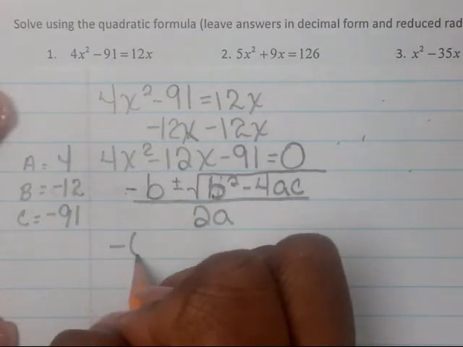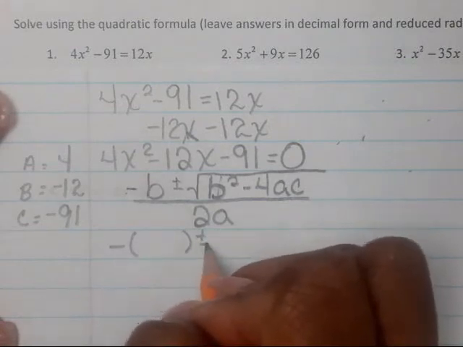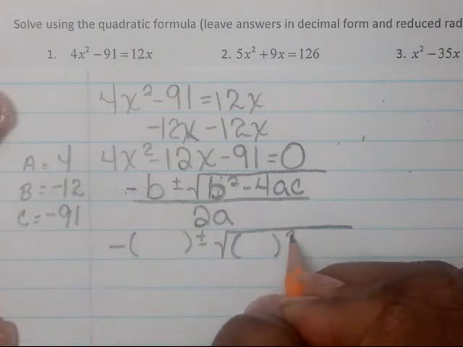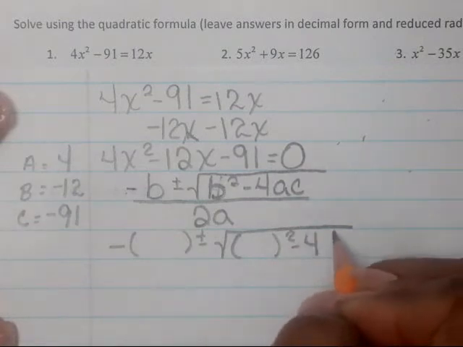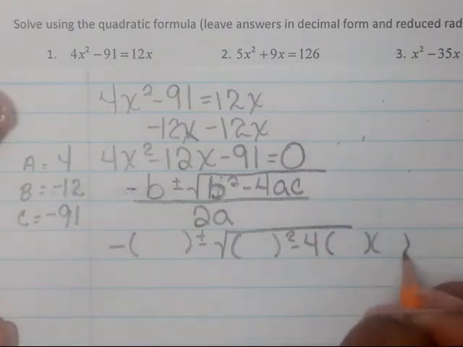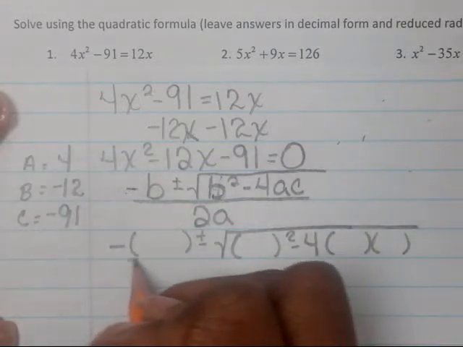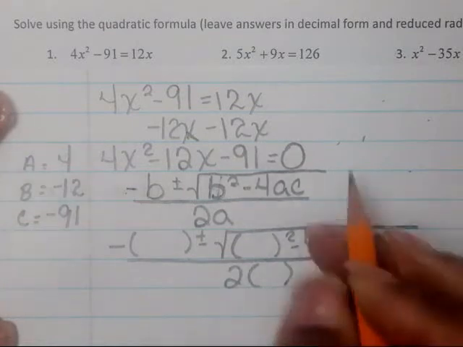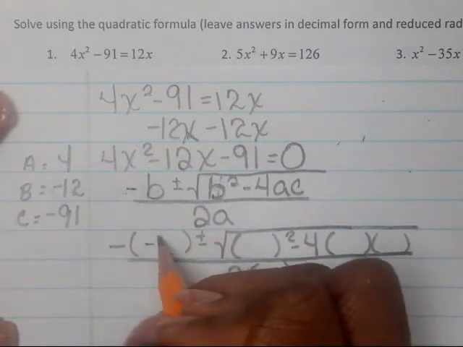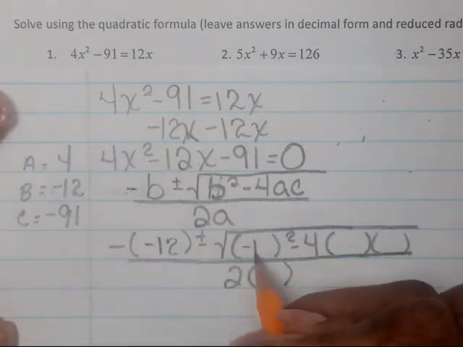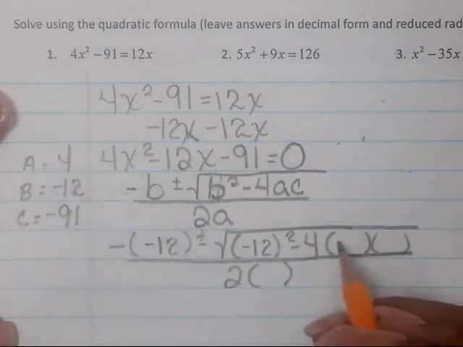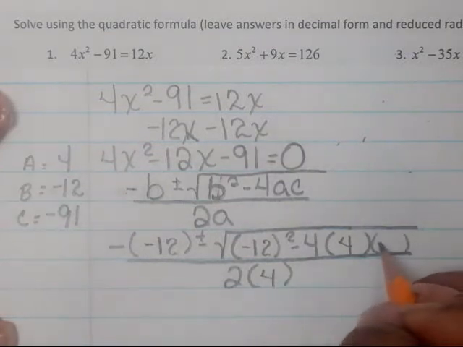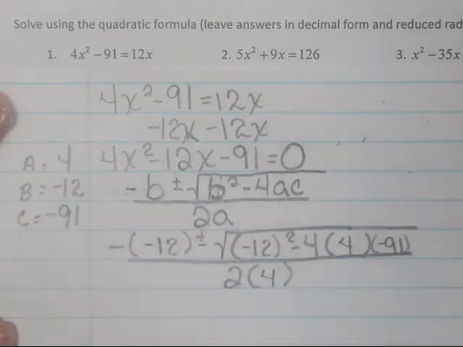I like to write my equation leaving openings where I can insert my information. So I'm replacing each of the letters with a blank. So following the formula, B is negative 12, A is 4, and C is negative 91.